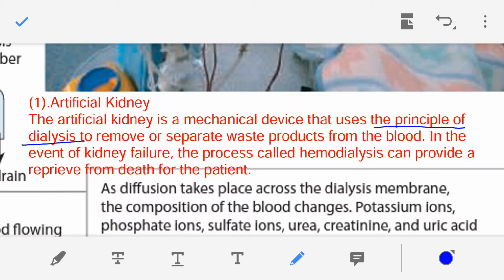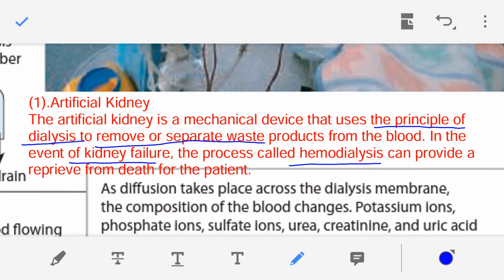The principle is to remove or separate waste material which is present in the patient's blood. When the kidneys have failed, the process called hemodialysis is performed with the help of artificial kidney.